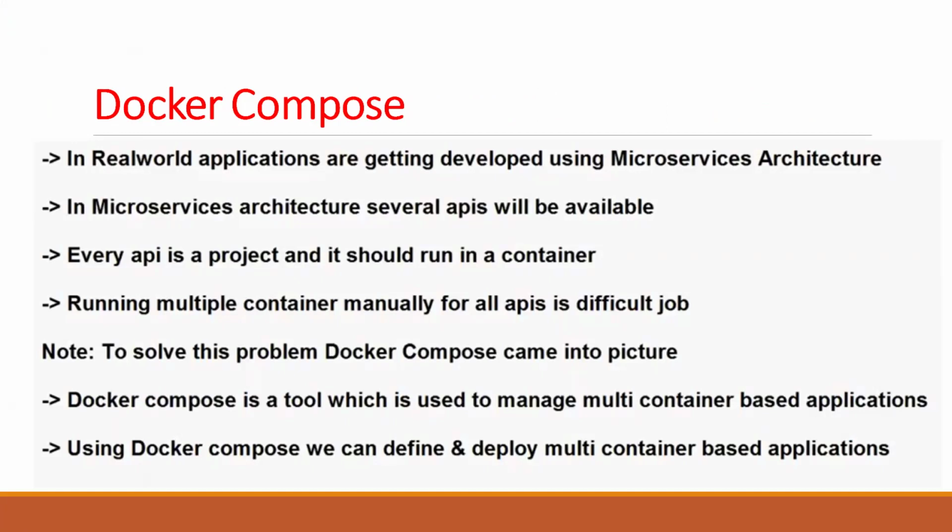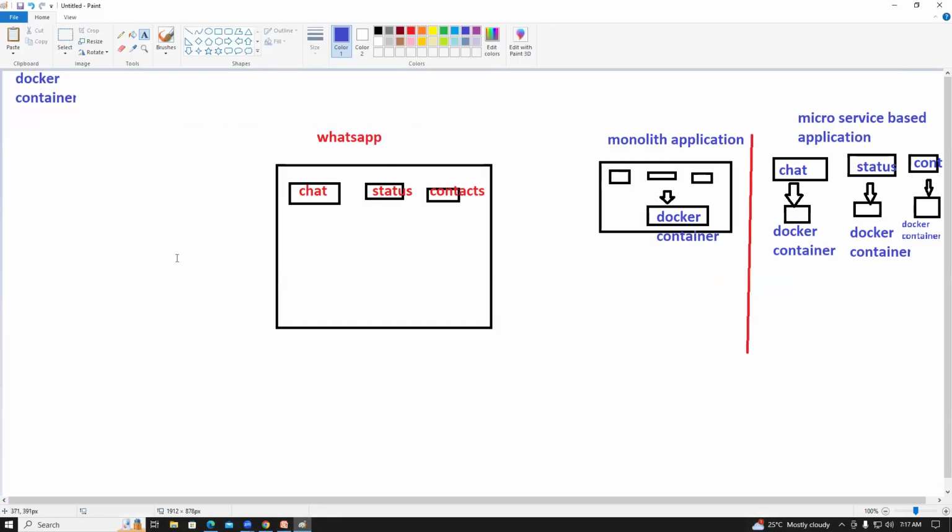So Docker Compose, guys. Containers are deployed in the EC2 instance. We don't know how to monitor if a container is stopped, starting, or crashed.